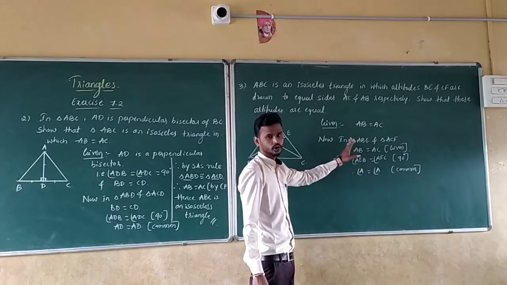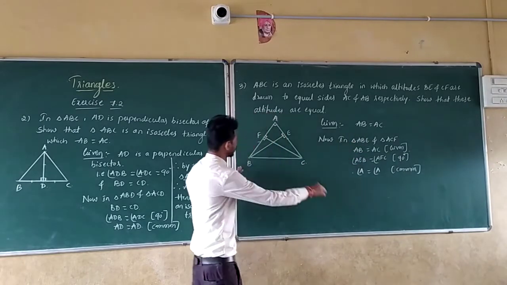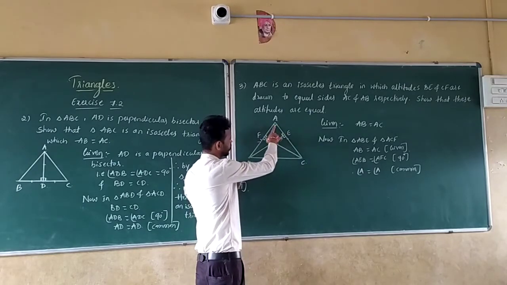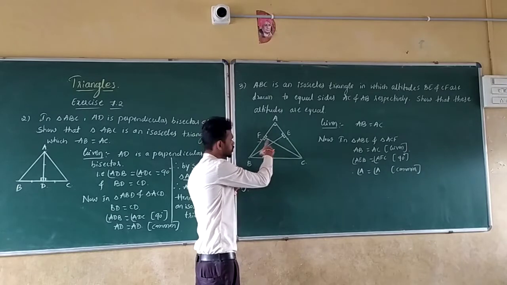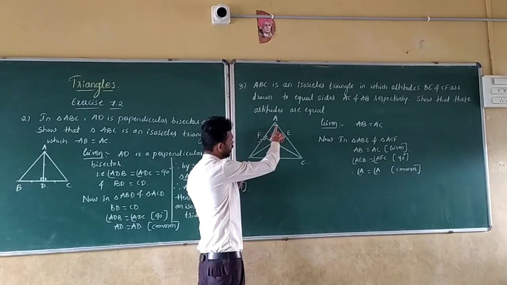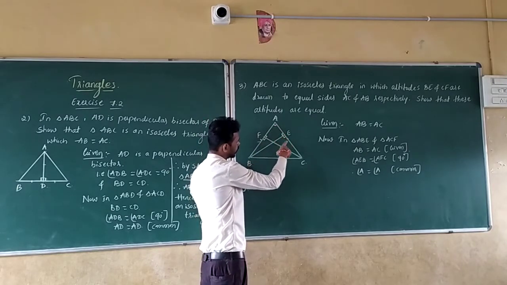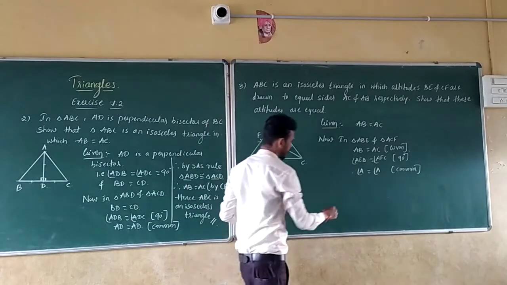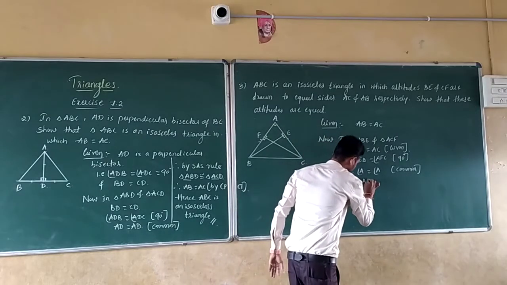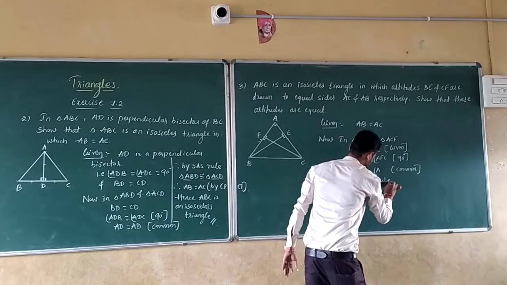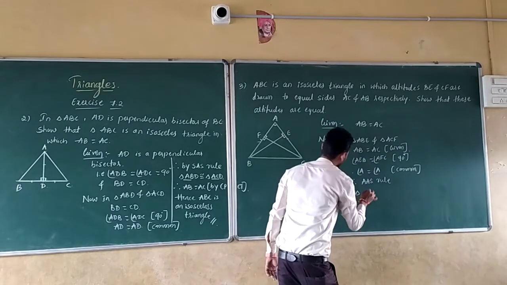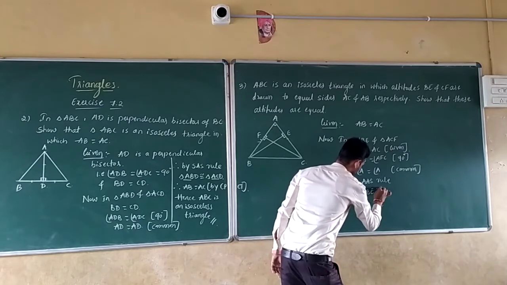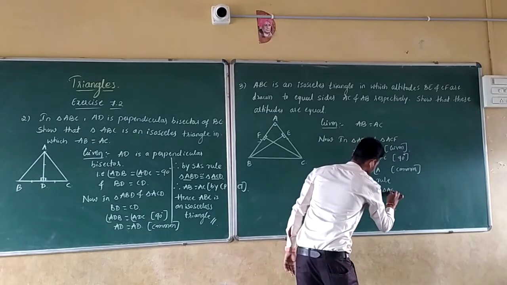Therefore, by which congruence rule will these two become congruent? See, one angle is equal, another angle is equal, and a side is equal. That is angle, angle, side. Therefore, by AAS rule, triangle ABE is congruent to triangle ACM.